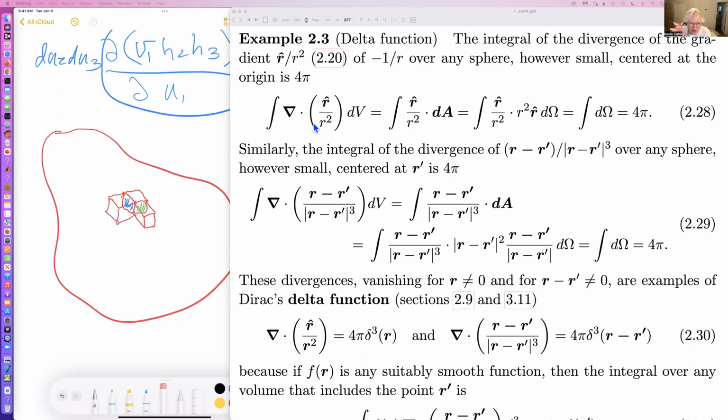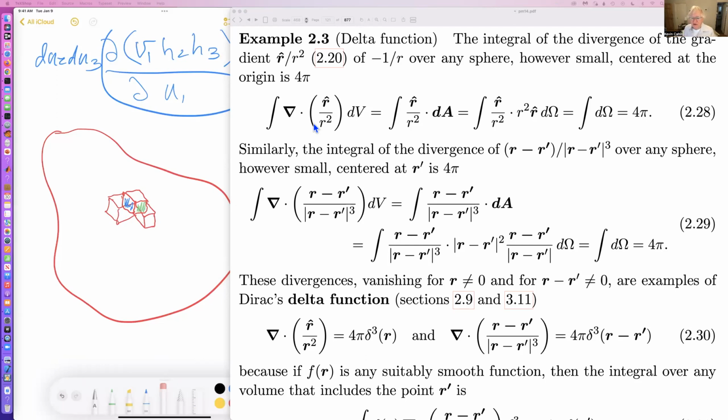Namely, you take the divergence of r hat over r squared, you integrate it over any arbitrarily small sphere, or surface, I should say, over any volume that includes the origin, and you get 4 pi. If it doesn't include the origin, you don't get 4 pi, you get 0.